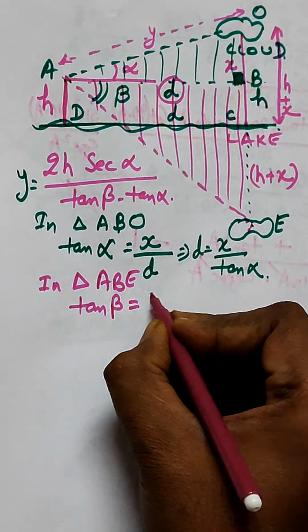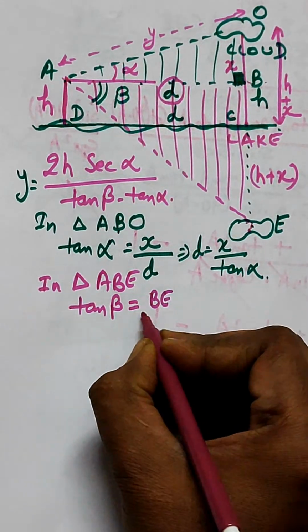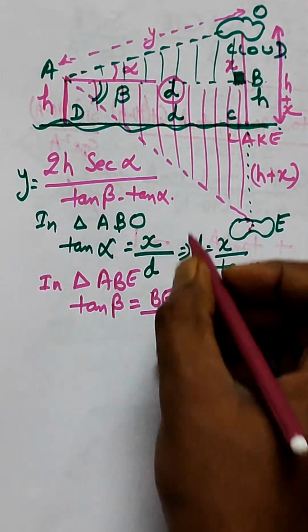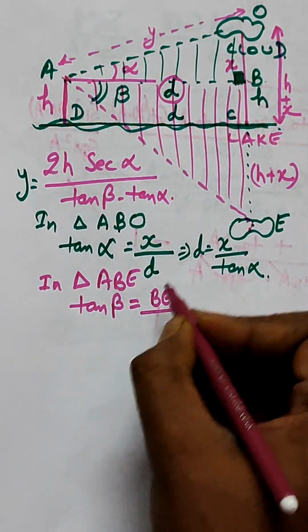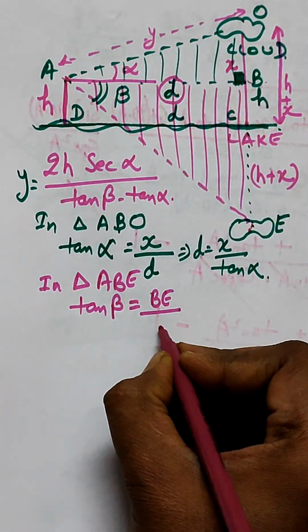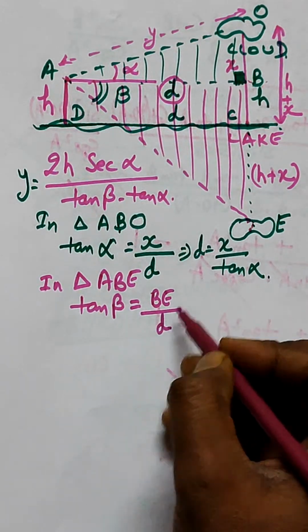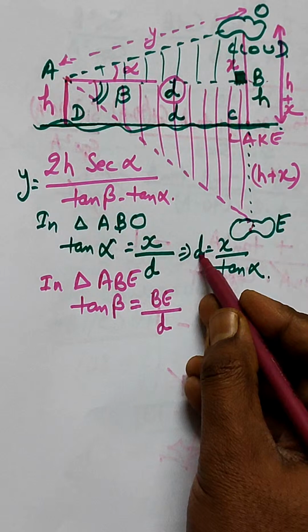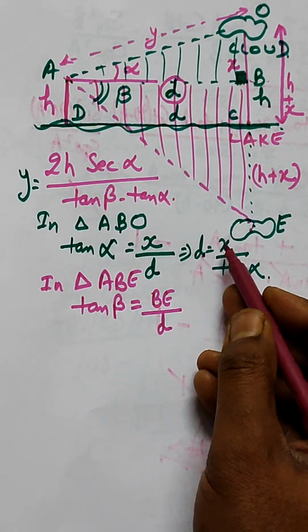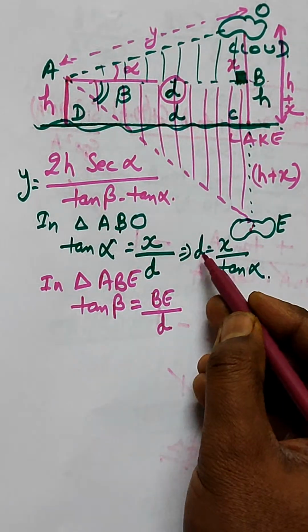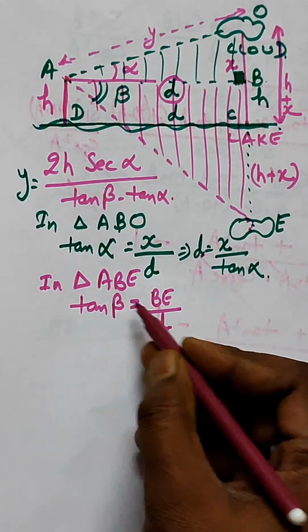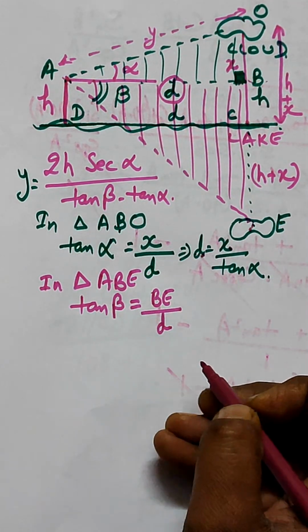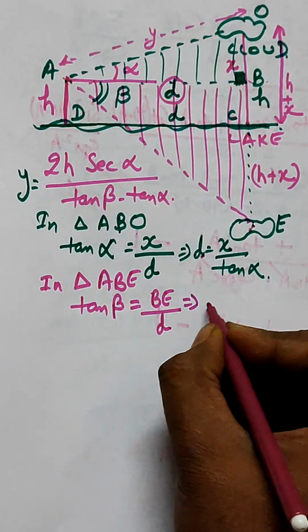We will just break it down in the next step, right? And AB, BE by AB, and AB is what? It's D. See here, we have derived the value of D in the above equation, and here also we are going to derive D, right?